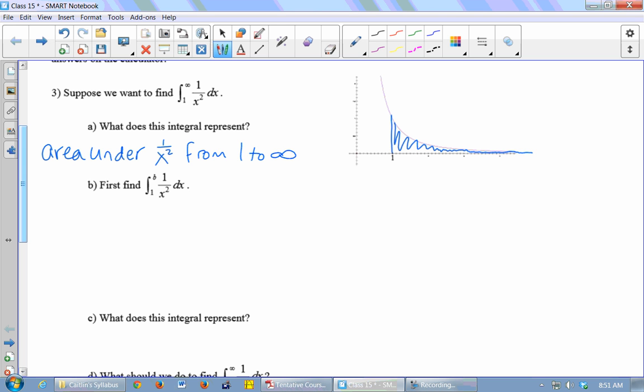So first what we do is we replace the infinity with some constant b. Let's see, if I could choose any b I want, I could choose 10, 100, 1,000, right? So I'm just going to put a b there and use the fundamental theorem.